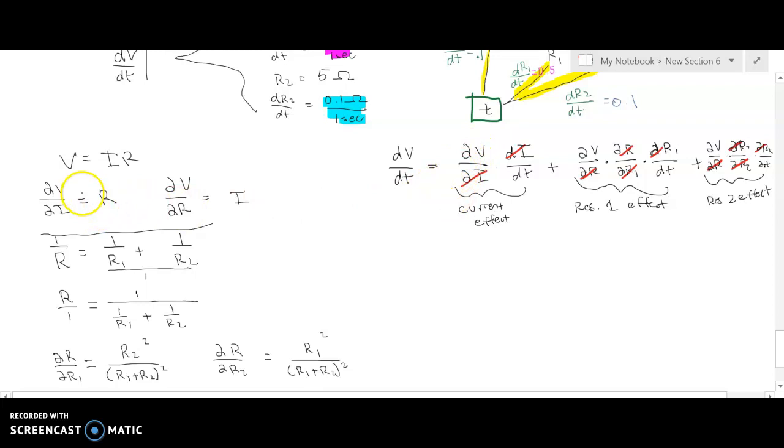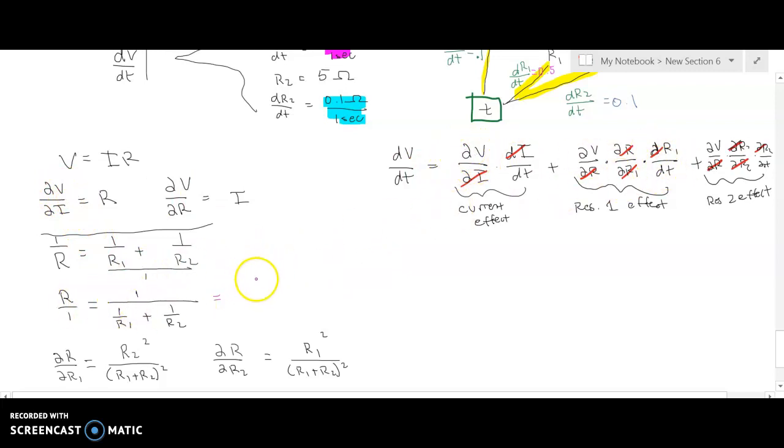Well, we know that dV/dI is equal to R, and R is equal to 1 over (1/R1 plus 1/R2). So now I can actually evaluate what R is, because I'm going to need that. And I'm going to need that because I need to replace all of these symbols here with quantities.